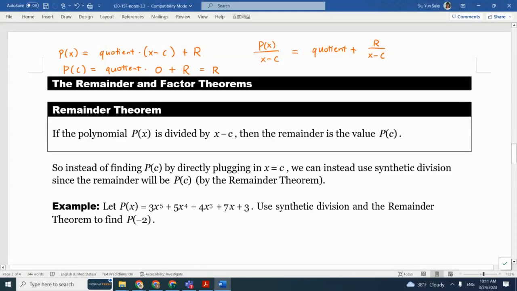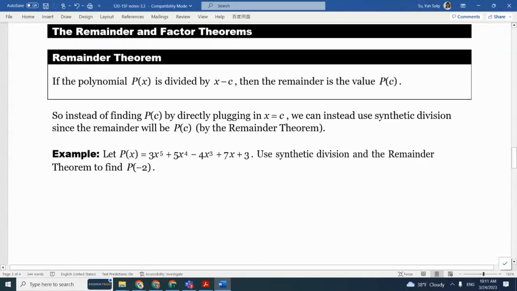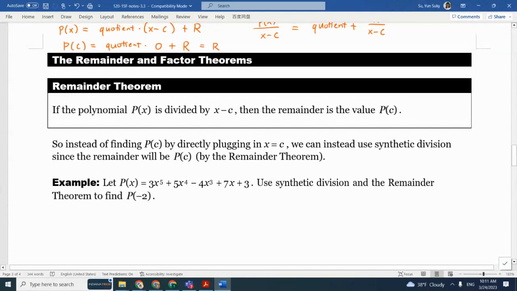So instead of finding P of c by directly plugging in x equal to c, we use synthetic division, since the remainder will be P of c by the remainder theorem. Okay, so example, let P of x be this polynomial. Use synthetic division and the remainder theorem to find P of -2. The direct way would be plugging x is -2 and then you need your calculator, right?